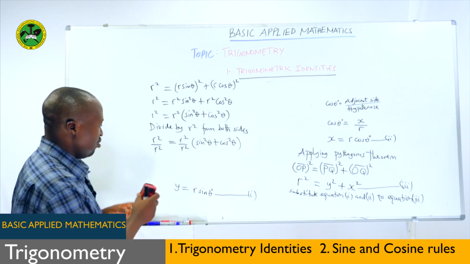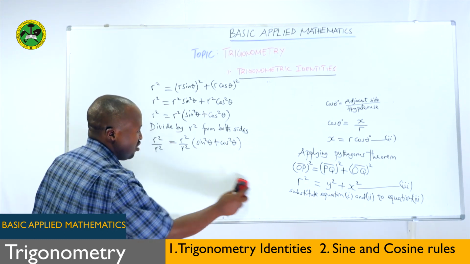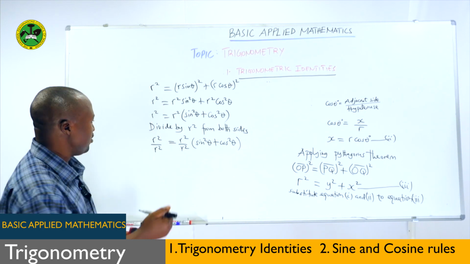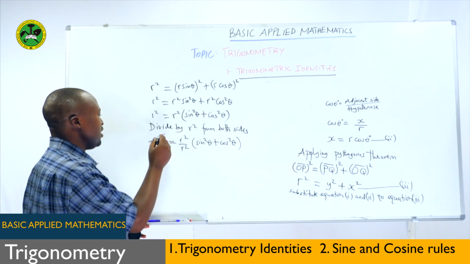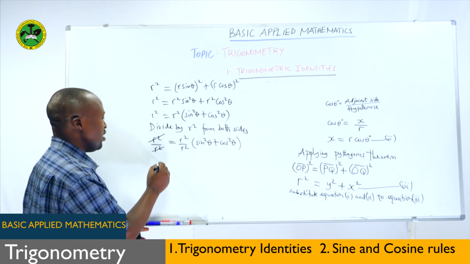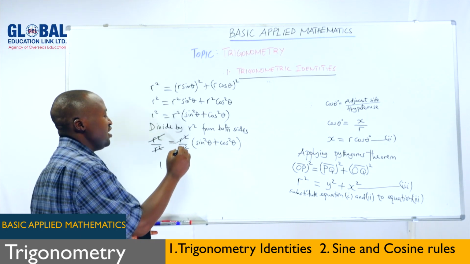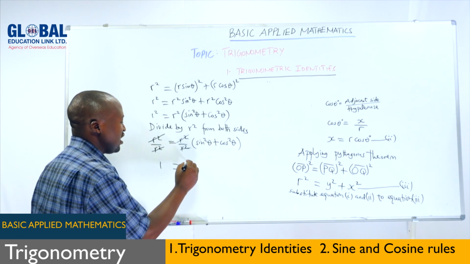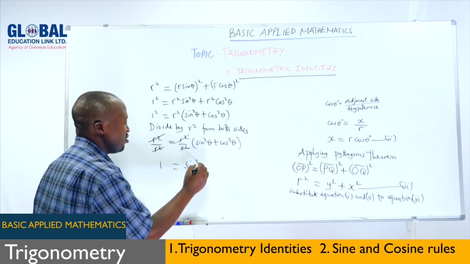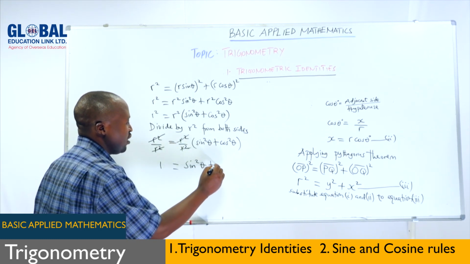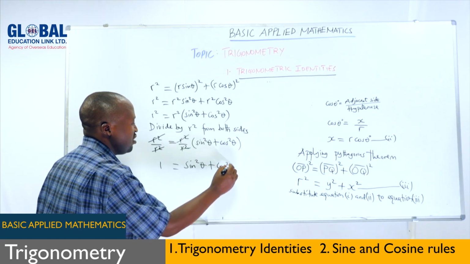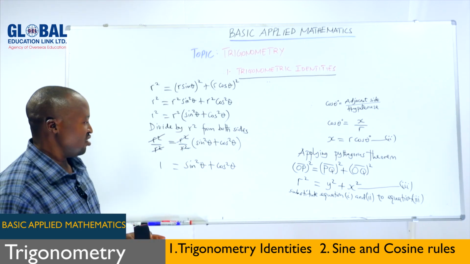Now, on simplifying, r squared over r squared remains with 1, which is equal to, again here r squared will cancel, leaving sine squared theta plus cos squared theta.